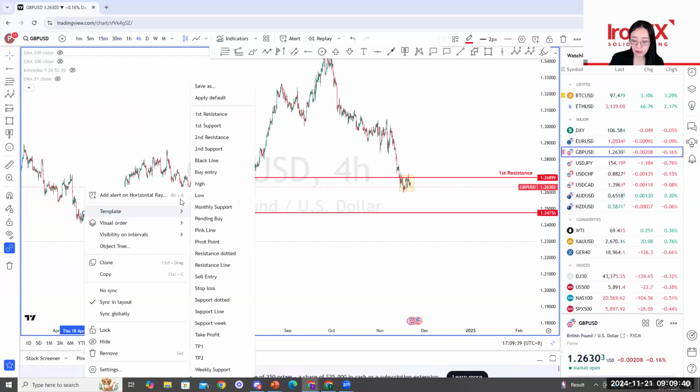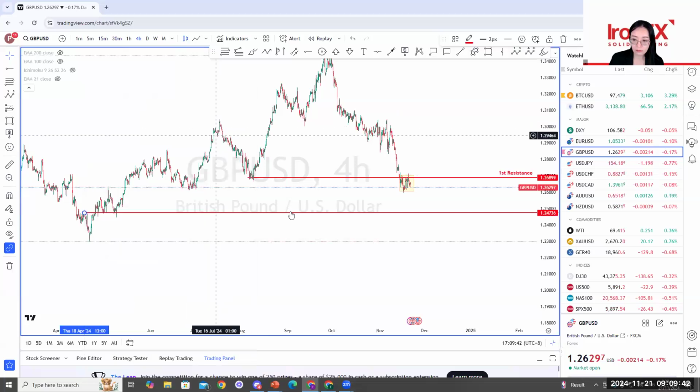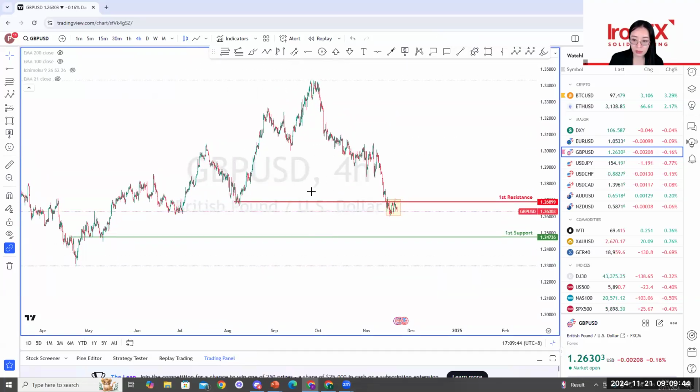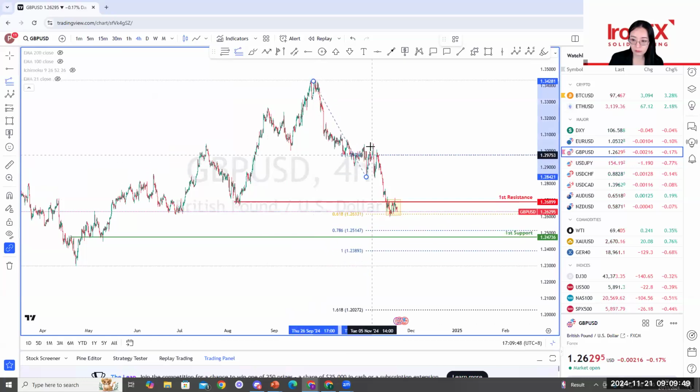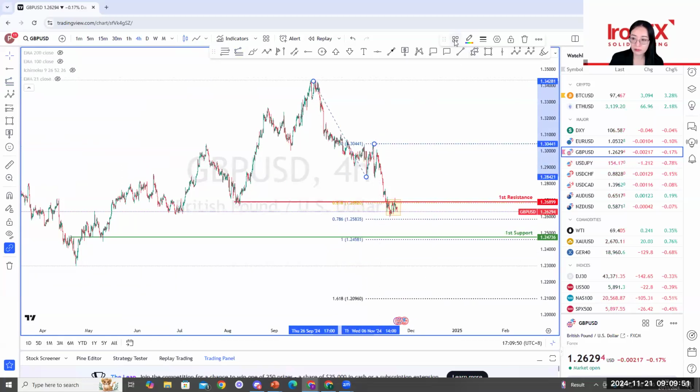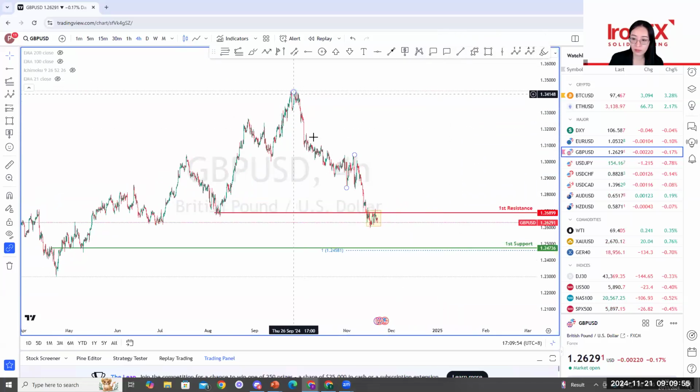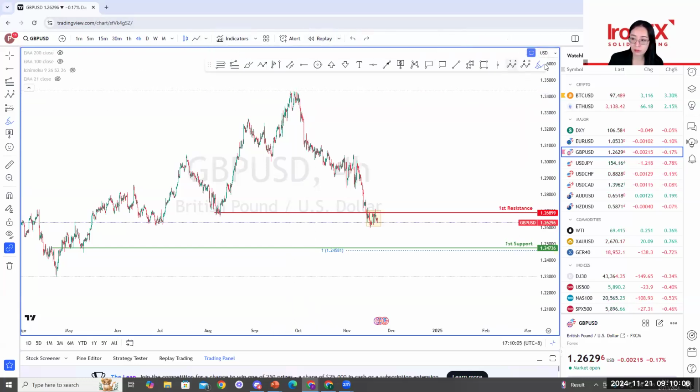At least it's gonna be your first support. That will be 100% projection. Okay, meaning from here to here is 100%. 100% position from this.